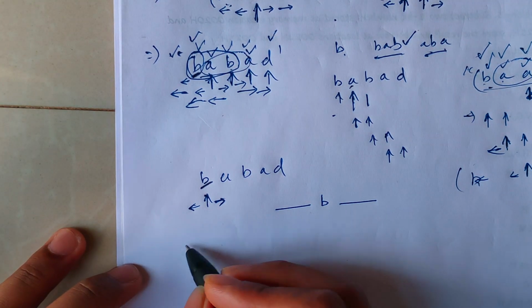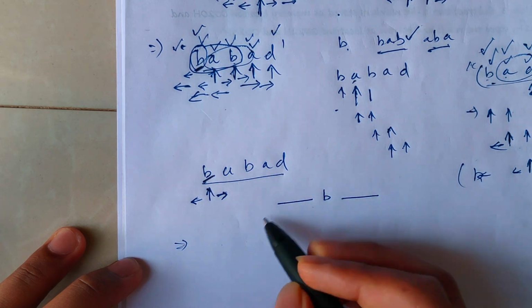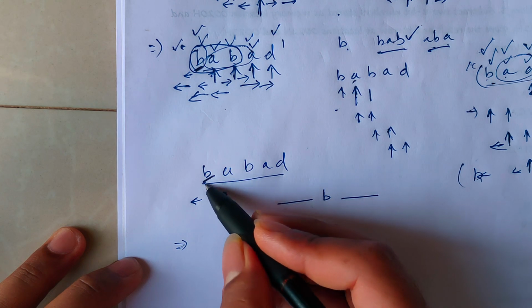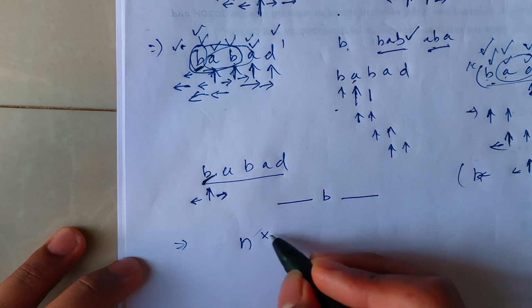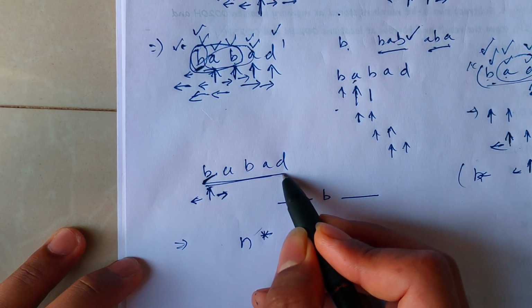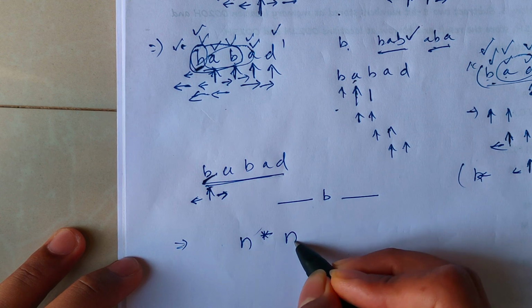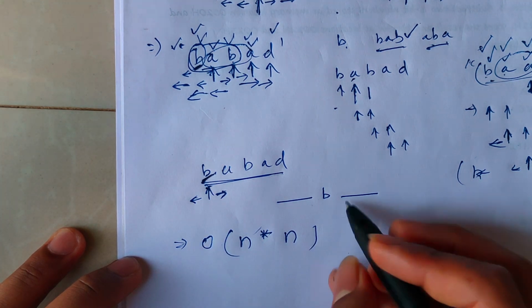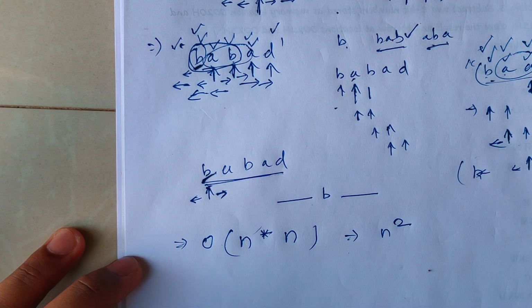So iterating the string takes order of n, and for a single character we might need to iterate the whole string to check if it's a palindrome or not. So the total time complexity of this algorithm would be order of n square, right? So it is better than n cube.